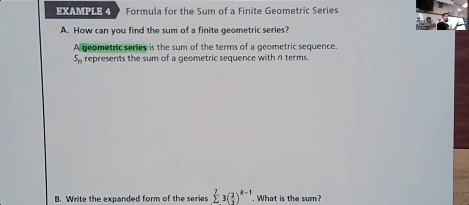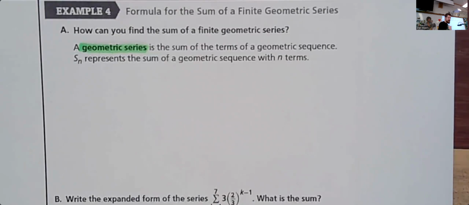So if you take all of the terms in the sequence that you want and you add them together, that is a geometric series. As you can imagine, the numbers for a series are going to be quite a lot larger than the numbers that we get for a sequence in general. If you're comparing apples to apples, series values are going to be larger than sequence values because sequences focus on one term, whereas the series focuses on the sum of the terms in the sequence.